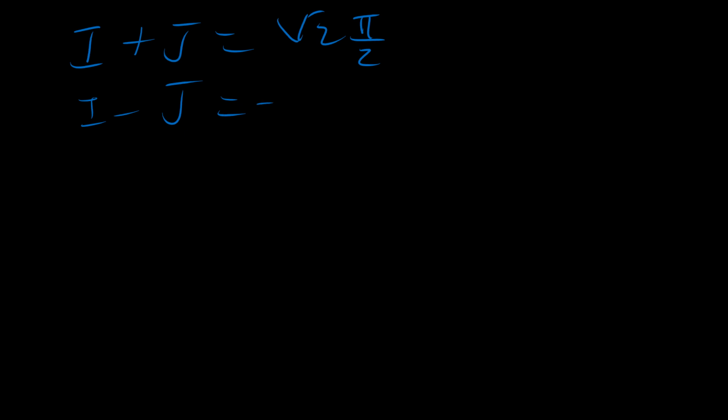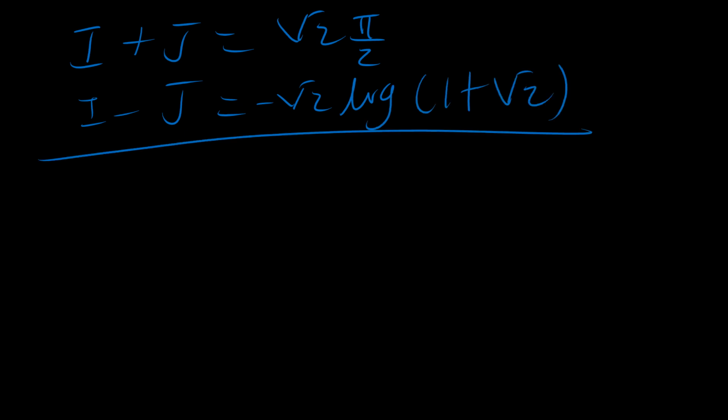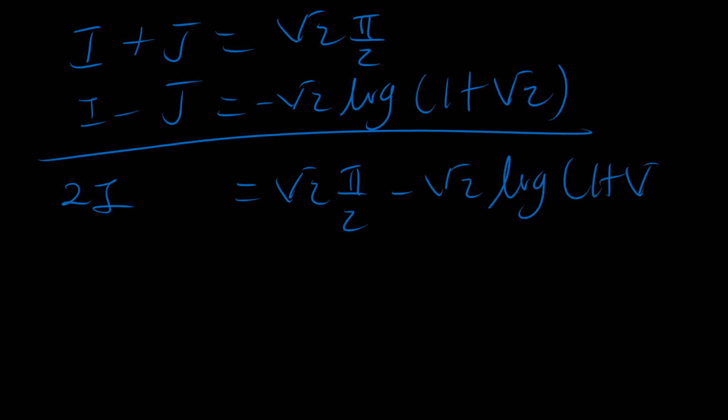Since we have I plus J being equal to root 2 pi over 2, and I minus J being equal to negative root 2 natural log of 1 plus root 2, when you add these you get 2I is equal to root 2 pi over 2 minus root 2 natural log of 1 plus root 2.